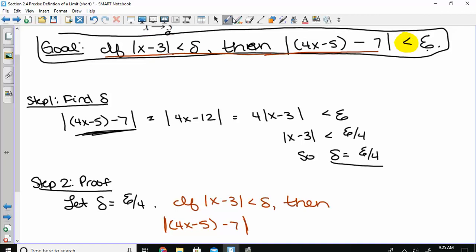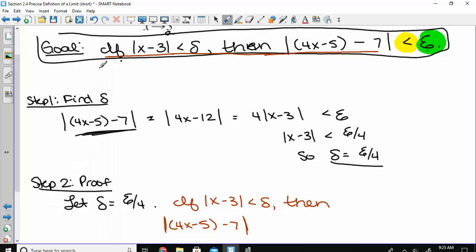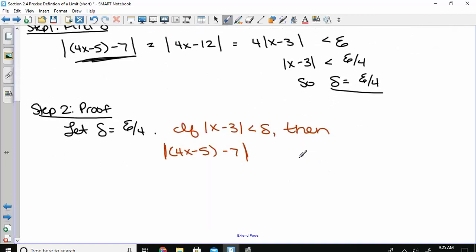And we are done when we can get a less than and an epsilon into our problem. This seems really sketchy, I know, because we're just writing down everything that we want, but this is what's called a math proof. So you have to state that first part, and then we're trying to prove it's less than epsilon.